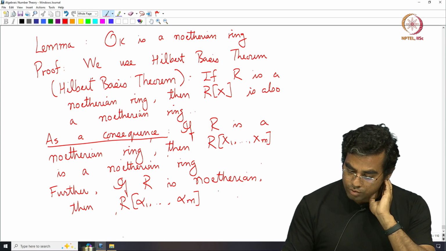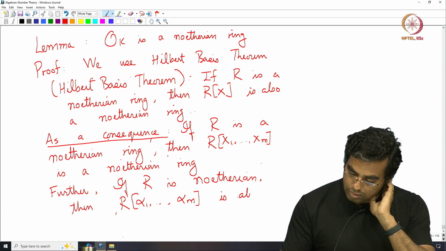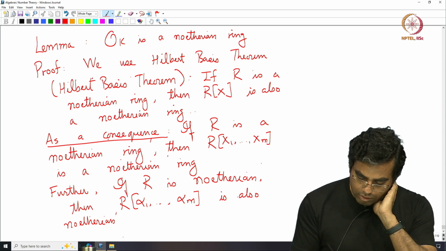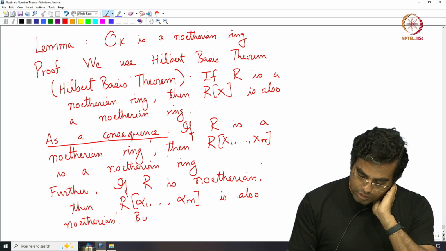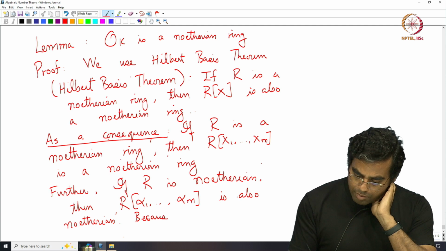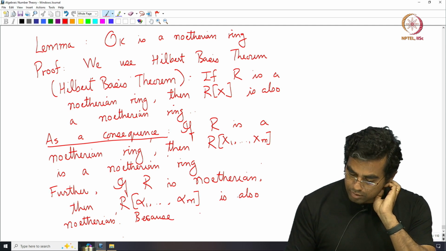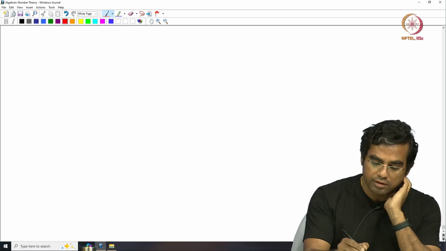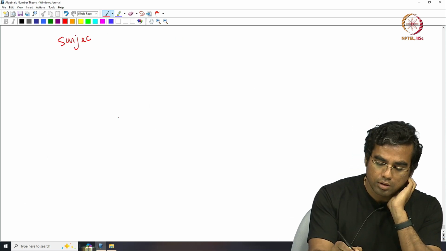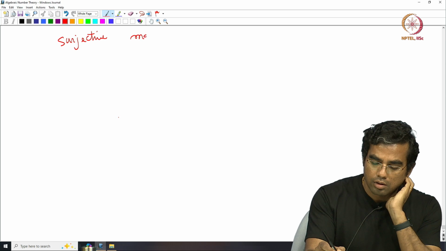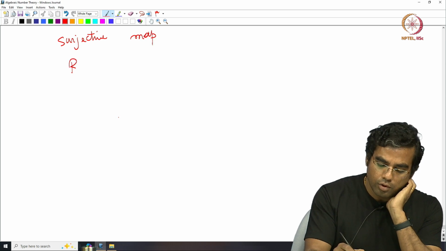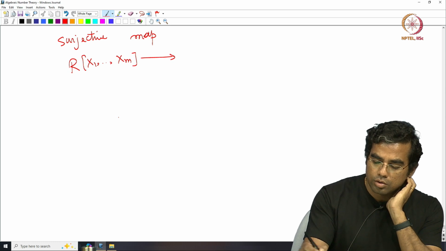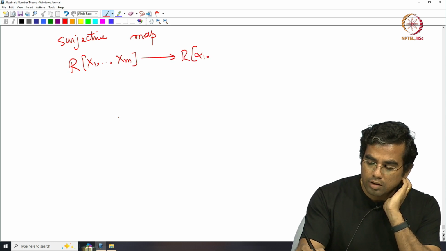So, this is also Noetherian, because a homomorphic image of a Noetherian ring is Noetherian, because there is a surjective map from the polynomial ring in n variables to this ring.